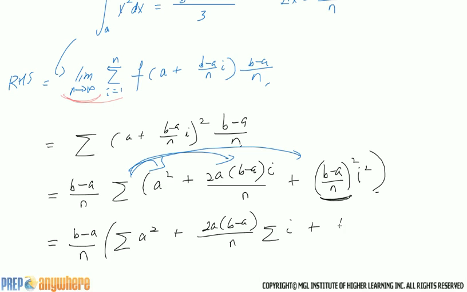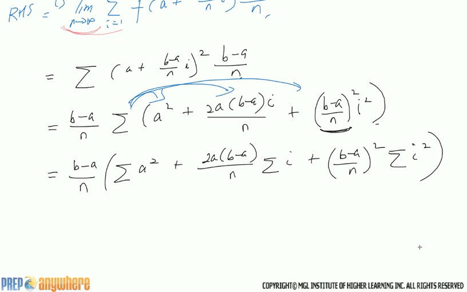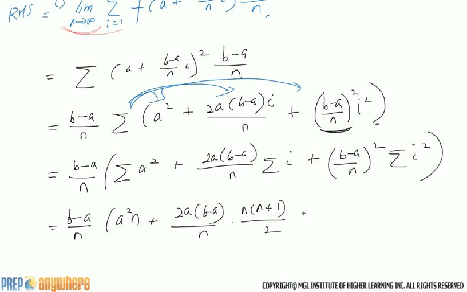This too, this whole thing here, (b minus a) over n squared, sigma i squared. Okay, so let's use the formulas now. (b minus a) over n, this is just going to be a squared n, right? Second term, 2a (b minus a) over n. Sigma i is going to be n times (n plus 1) all over 2. The sigma i squared is going to be n times (n plus 1) times (2n plus 1) all over 6.